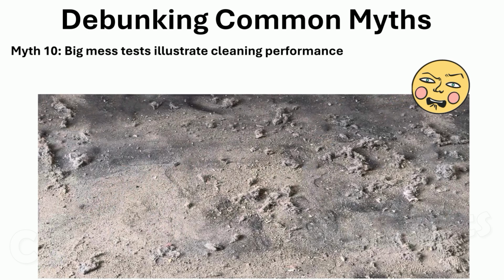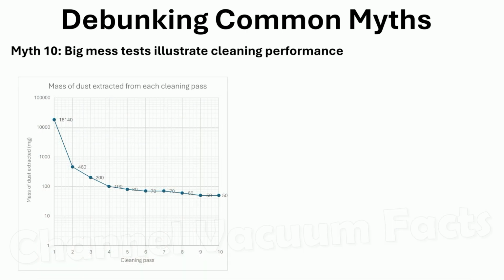So-called big mess tests often rely on absurdly exaggerated initial mess levels. The implication is that any cleaner that can cope with such a big mess must automatically be capable of getting good cleaning results. It seems so sensible at first thought, but it's a deception. It's easy to remove dirt when there's lots to be removed, and the dirt removal curves clearly show this.